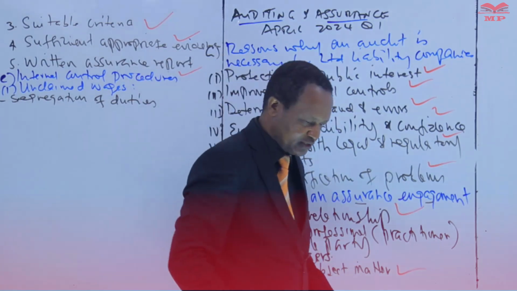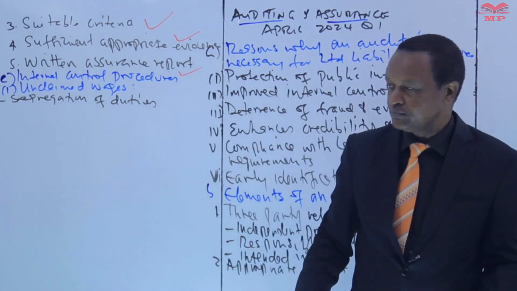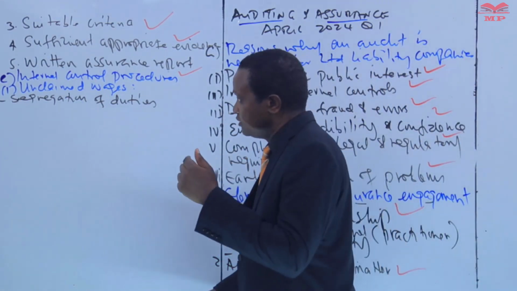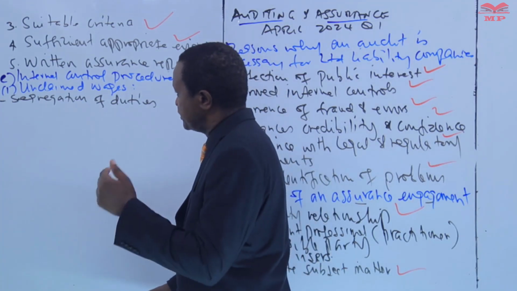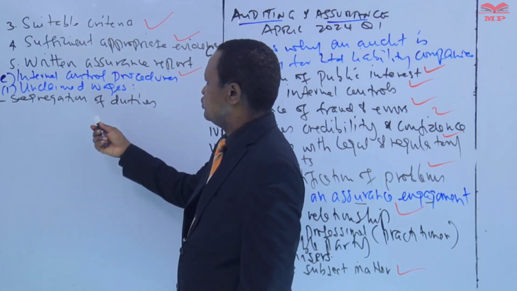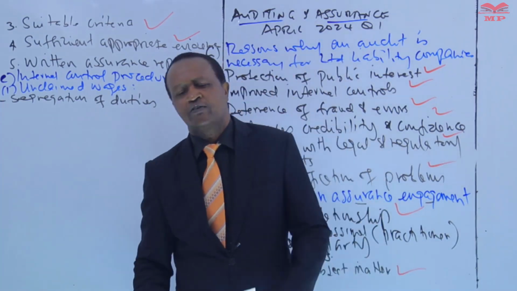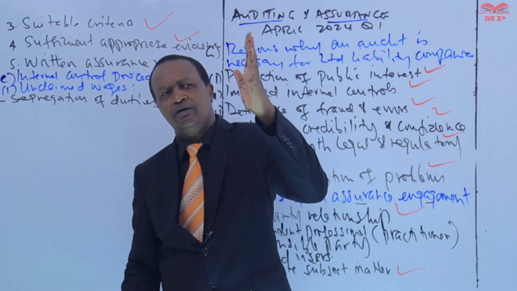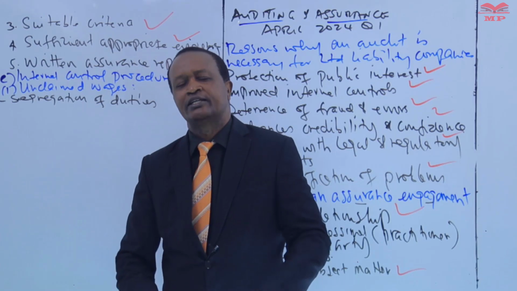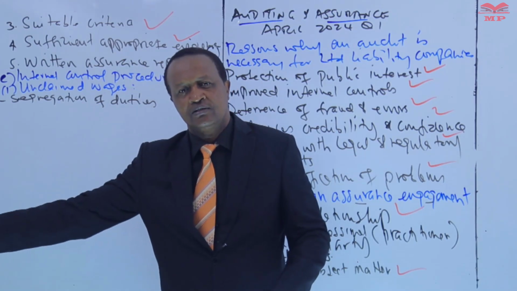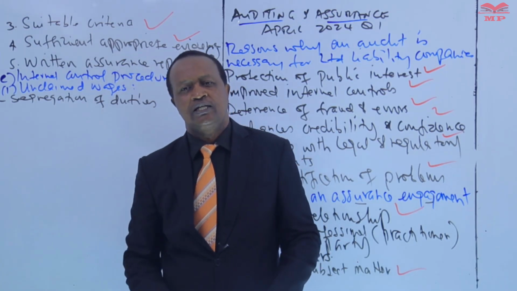You understand? So that is one internal control procedure in relation to unclaimed wages. Segregation. You should not have one person preparing the payroll and then paying. Is that clear?